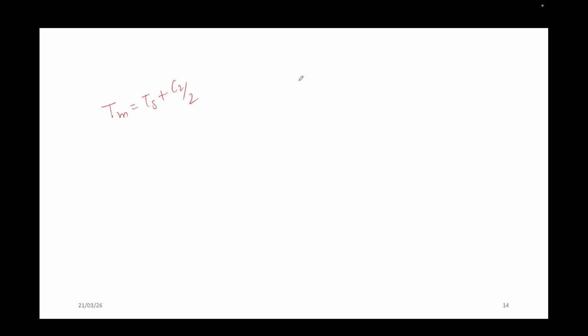Right? Now H, I need to find out the H. My first objective is the Q dash by Ts minus Tm. So I got the value of Ts minus Tm, which will be minus C2 by 2. Is it clear?